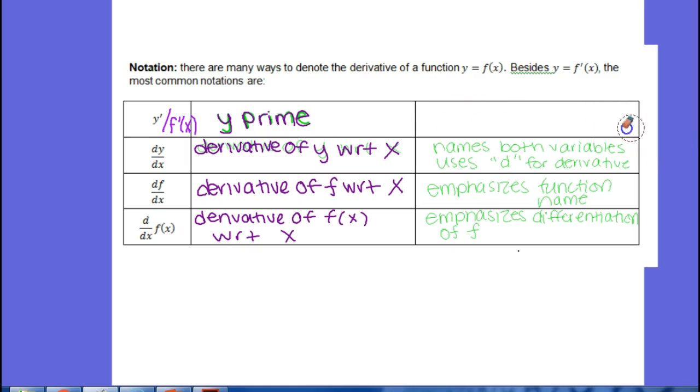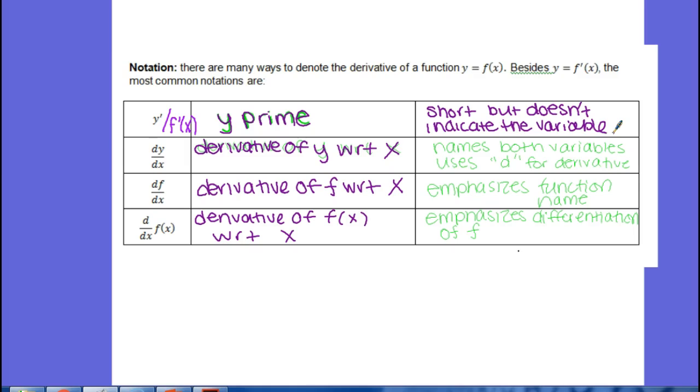However, we do not know the variable that we are deriving. Any of the ones that have WRT x tell me the variable I am deriving it with. When that dx is in the denominator, that tells me the variable I'm deriving it with.